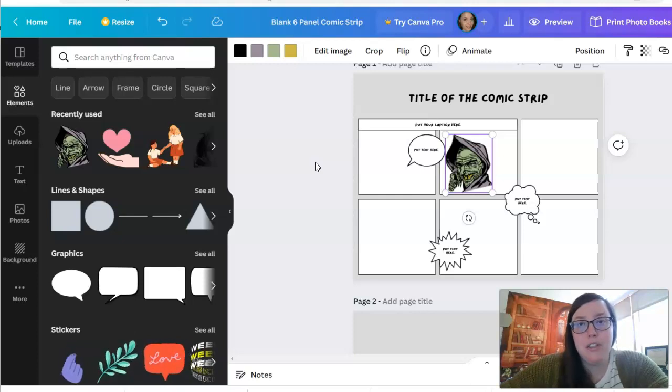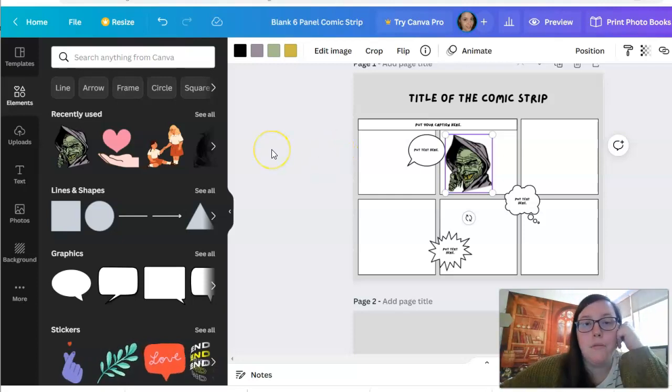If you've never used Canva, but you want to go this route, it's user friendly. You just have to have the patience to play around with it and figure it out for yourself and what's going to work.